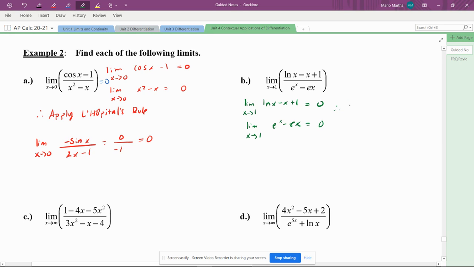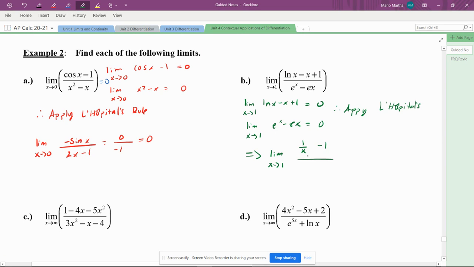So therefore, again, you're going to apply L'Hopital's rule. All right, and then from there, the derivative on top, we're going to say the limit as x approaches 1, derivative of the natural log of x is 1 over x, minus 1, right?